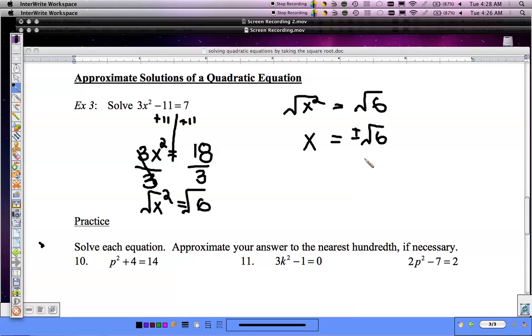So to take the approximate solution, all you're going to do is put this into your calculator, and what you'll come up with for the square root of 6 is, you would round to the nearest hundredth, so that would be 2 decimal places, so it's going to be equivalent to plus or minus 2.45.